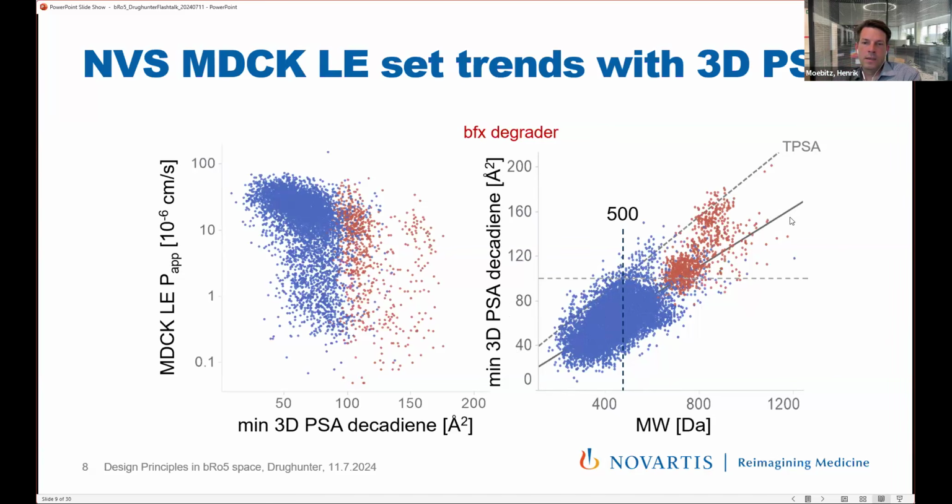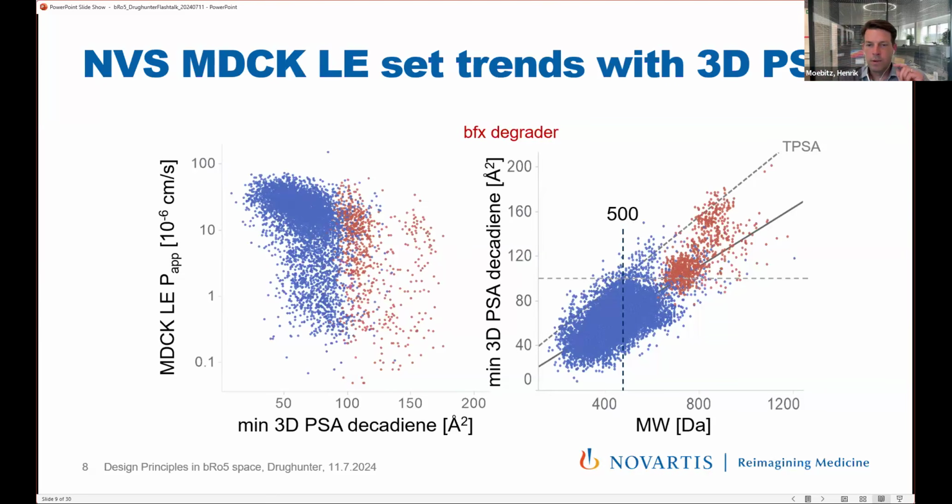And interestingly, if you were to plot the TPSA expected for this, it crosses the 100 square angstrom PSA threshold just at a molecular weight of 500. And so you might think whether the 500 Dalton in the rule of 5 is actually just an encoded version of this 3D PSA threshold.